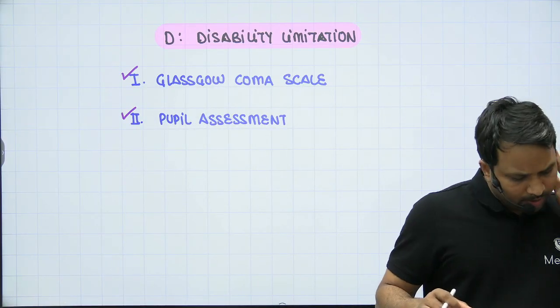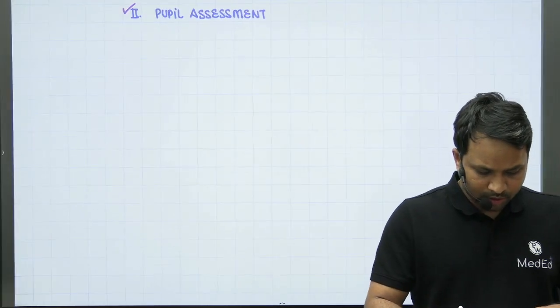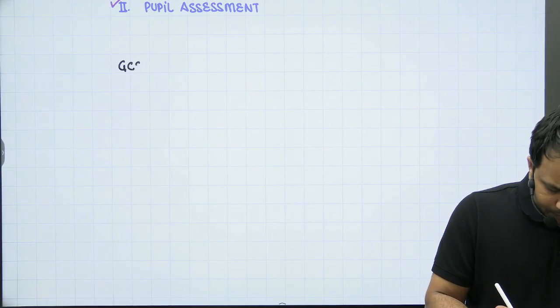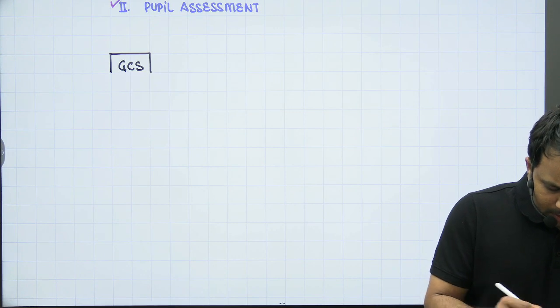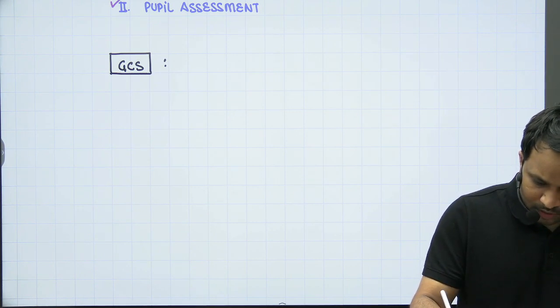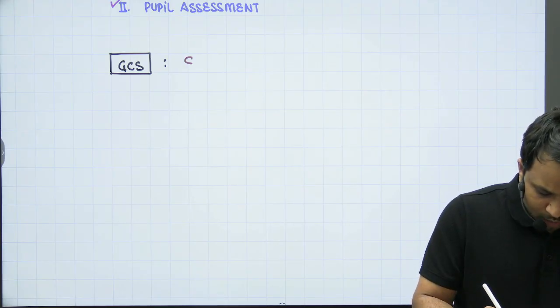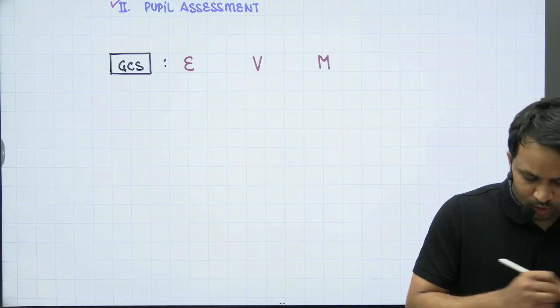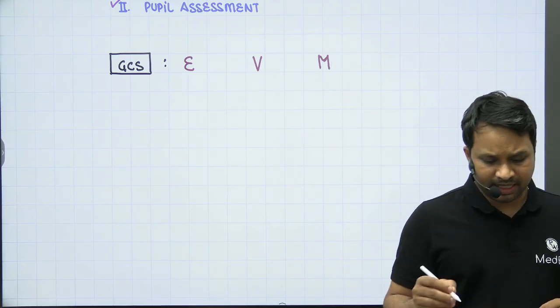When we talk about the GCS scoring system, we'll talk in detail about the Glasgow Coma Scale. The GCS scoring system works on three principles. We look at the response in the form of eye opening, we look at the response as verbal, and we look at the response as motor response. So we have the three criteria that we call EVM.